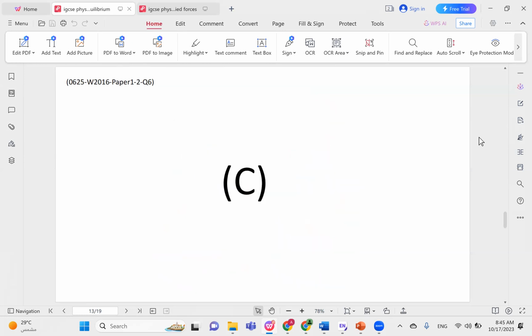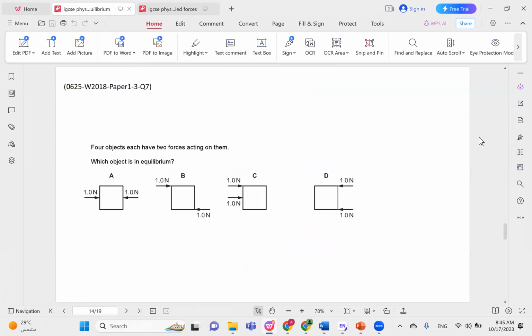So the correct choice here is choice C. Again, this is pretty much a similar question. Which object is in equilibrium? We disregard this one because they are both acting to the left. We disregard this one because they are both acting to the right. We disregard B as well because, again, due to moments, they will have the same turning effect.